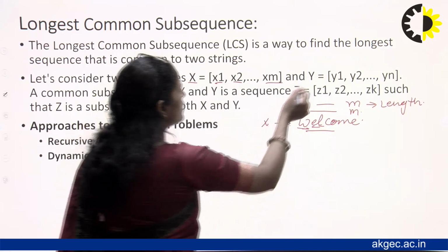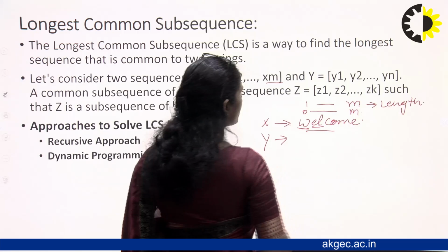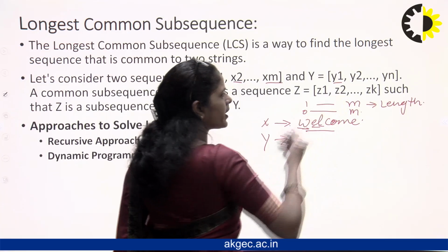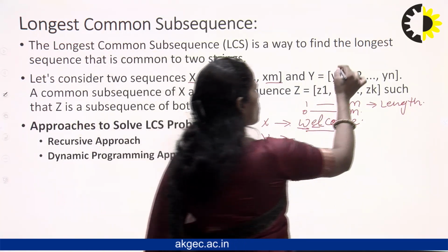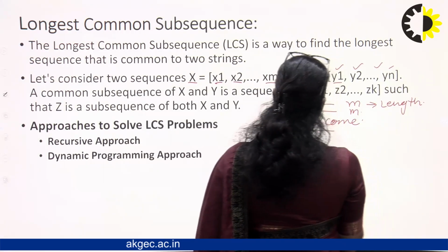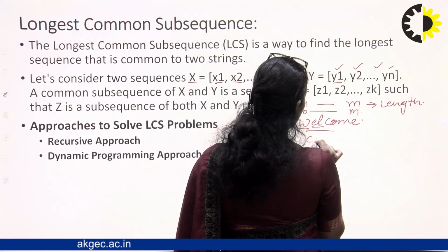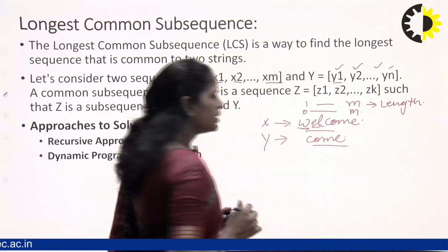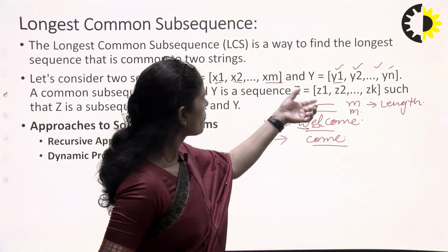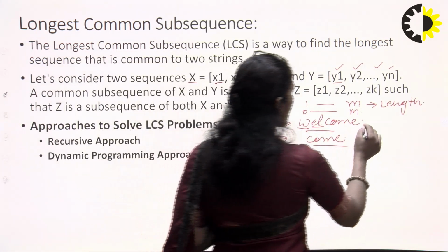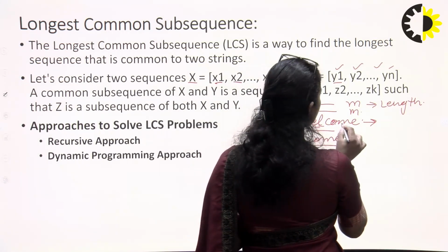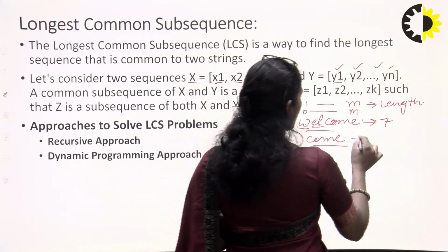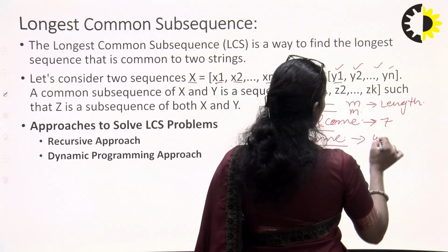We have another string, Y, with some length containing character 1, character 2, character 3: Y1, Y2, Y3, up to Yn. For example, come. This is the string and these are the lengths. Here we have a number of characters, 1, 2, 3, 4, 5, 6, 7, so the length of string 1 is 7 and the length of string 2 is 4.